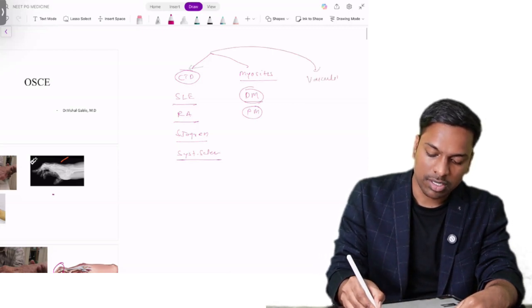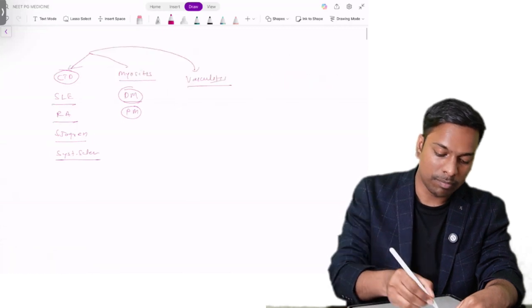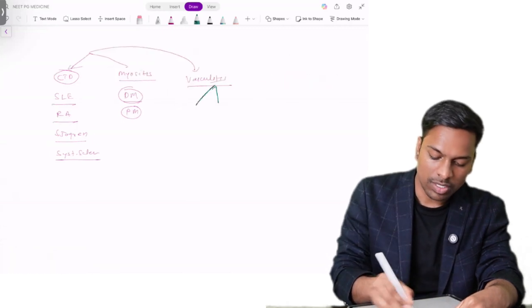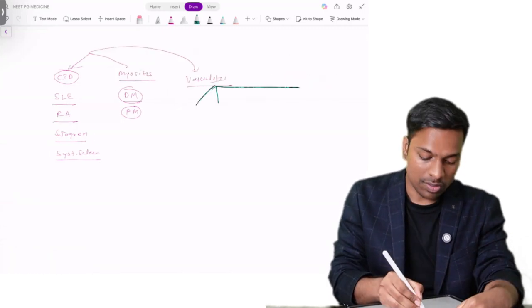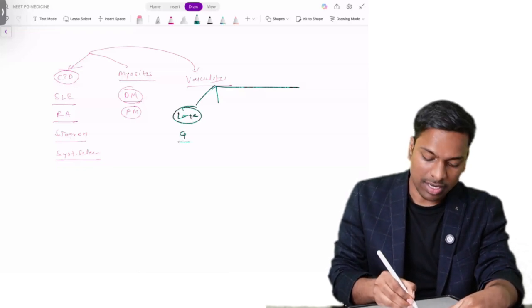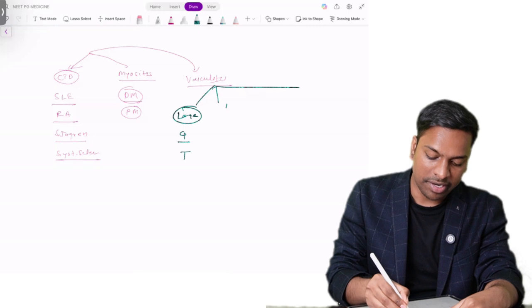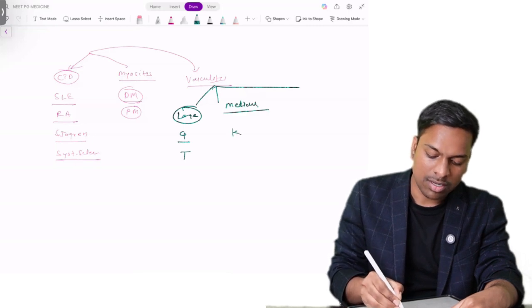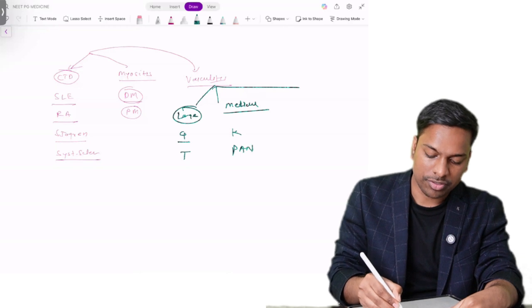Vasculitis. In vasculitis, again, we have three main examples depending on what type of vessels are involved. If large vessel vasculitis is there, we know giant cell arteritis is there and Takayasu arteritis is there. If medium vessel vasculitis is there, then Kawasaki is there and PAN is there, polyarteritis nodosa and Kawasaki.